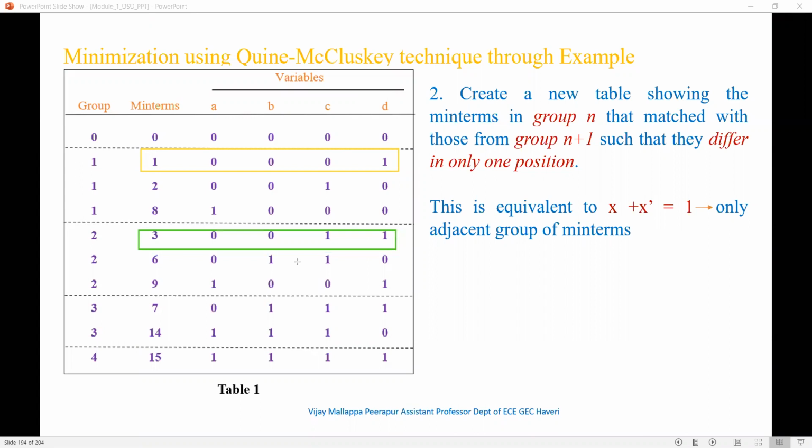Here you can see that A and A both are 0, B are 0 here, and see what we have here. It is 0 for the min term 3. It is 1, and what about D here? Both are 1, 1. So again, you can see when we group the min terms 1 and 3, we can eliminate the variable C. Right? This is how you need to keep on comparing and try to group the min terms.